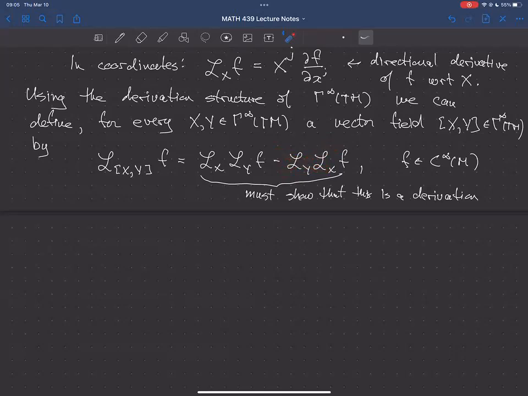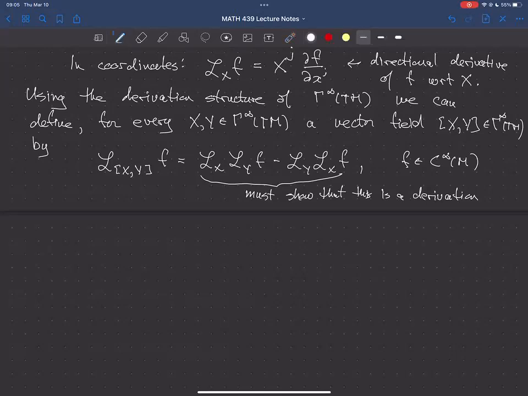One way to think about it is that this is the correction you need so that the things that go wrong in the first part are canceled out by the things that go wrong in the second part. So there's actual stuff you need to do to verify that that thing is a derivation, and it's not difficult. You just use the fact that L_x and L_y are themselves derivations, and you do a calculation. But nonetheless, that thing is a derivation.